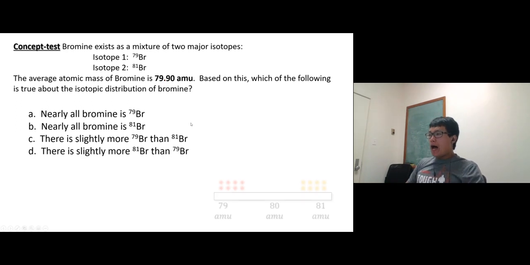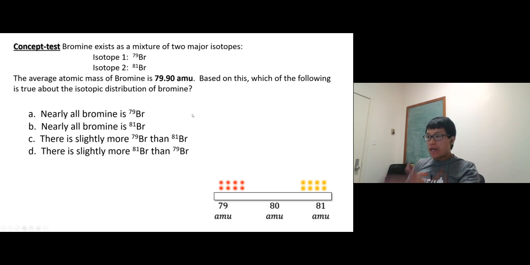Let's do this. There are two isotopes of bromine, bromine 79 and bromine 81.